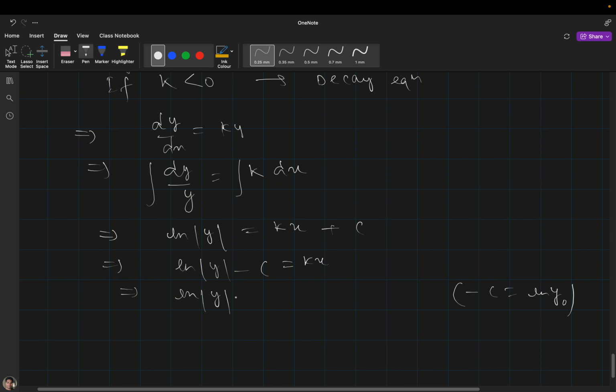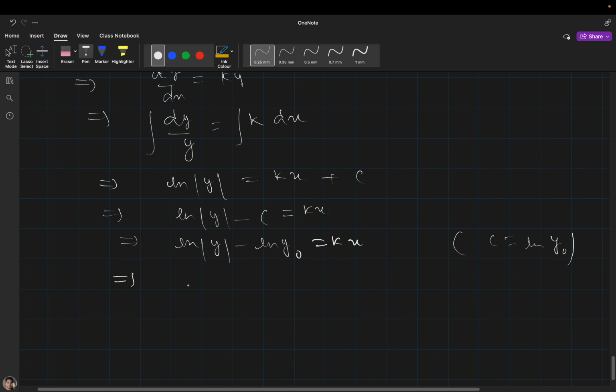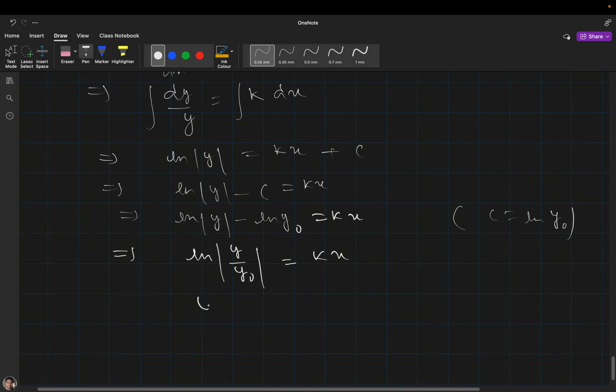So at the place of c I'm writing ln y naught, so that will be ln y minus ln y naught equal to kx. So this will be ln (y divided by y naught) equal to kx. Then y equal to y naught e raised to the power kx.